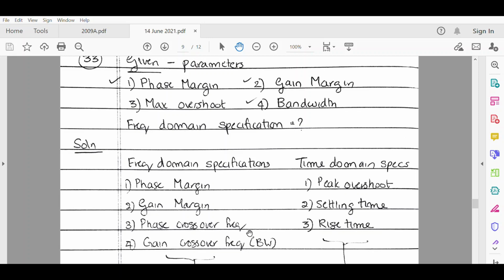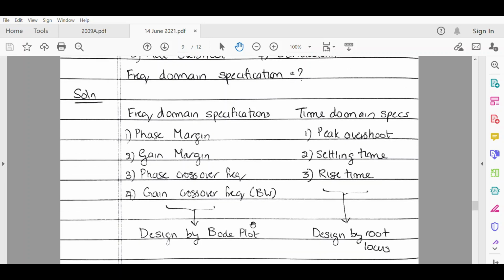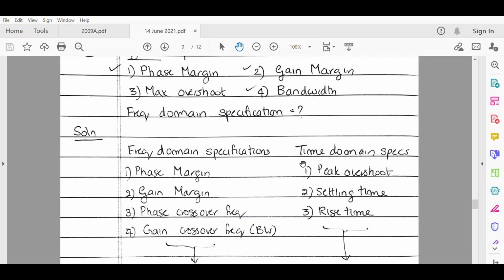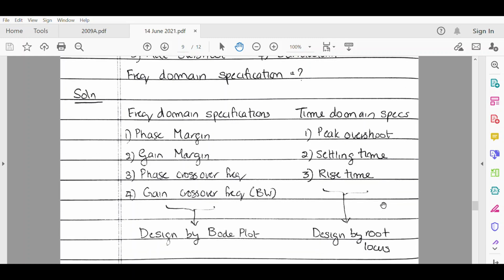The phase margin is measured at the gain crossover frequency, and when frequency domain specifications are given, the design is usually by Bode plot. If we consider the time domain specifications, the peak overshoot, settling time and rise time are the usual parameters specified, and in such cases we usually do the design by root locus method.